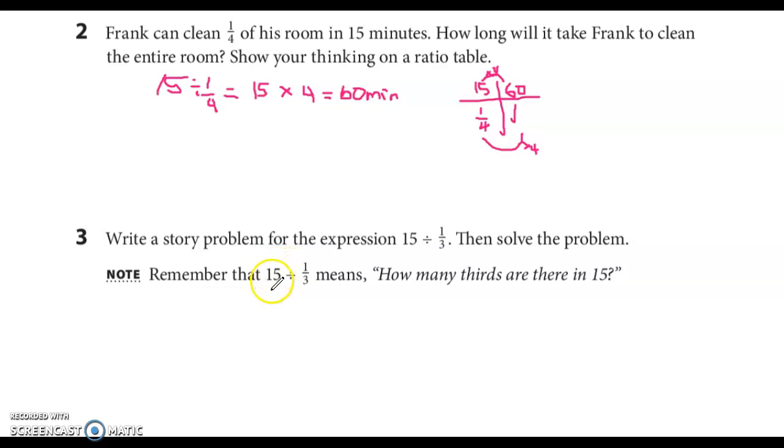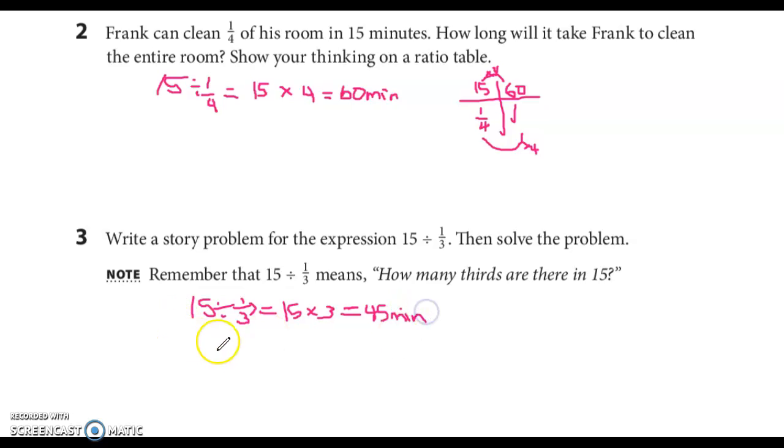How long will it take Brady to clean the entire room? So 15 divided by 1/3. And then you're going to keep your first number the same. You're going to use the opposite of division, which is multiply. Use the reciprocal, which would be 3. And then 15 times 3 would be 45 minutes.